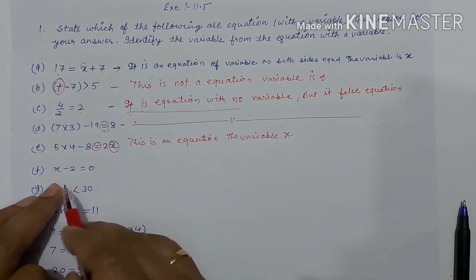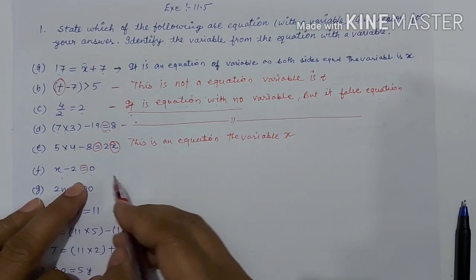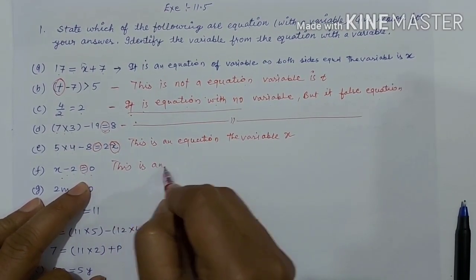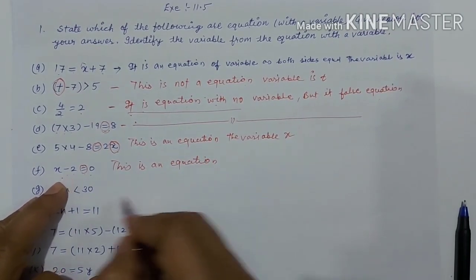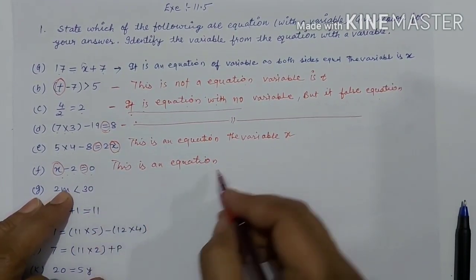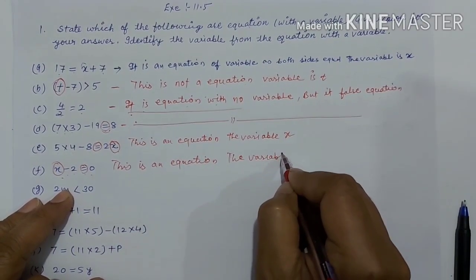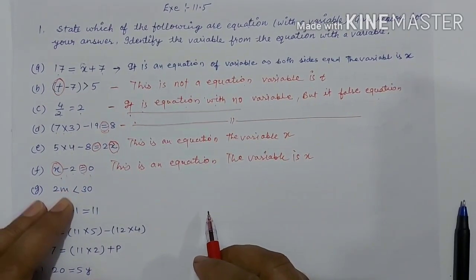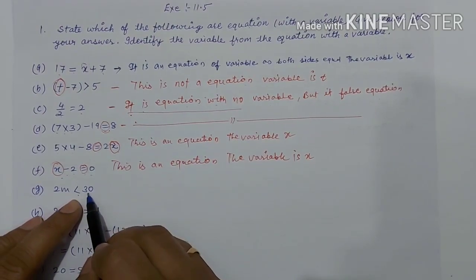Okay, next x minus 2 is equal to 0. So the equal sign is there, this is an equation, and the variable is x. Next, 2m less than 30.